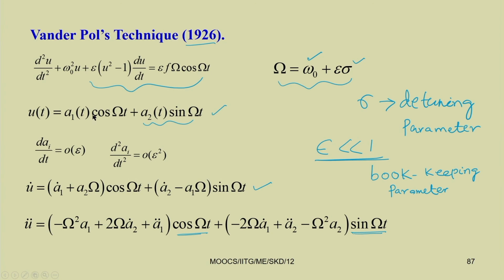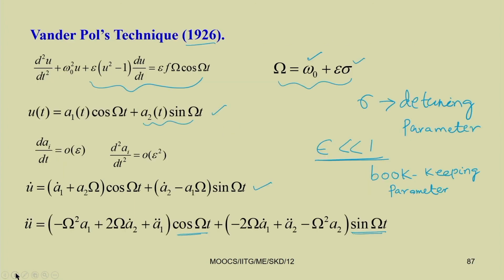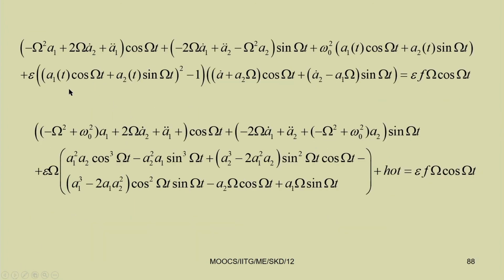Okay. Next, now that we have u double dot, u dot and u, by substituting all these in the original equation, one can write: u double dot plus omega 0 square u plus epsilon into u square minus 1, where u square becomes a1 t cos omega t plus a2 t sin omega t whole square, minus 1, into u dot, equal to epsilon f omega cos omega t.